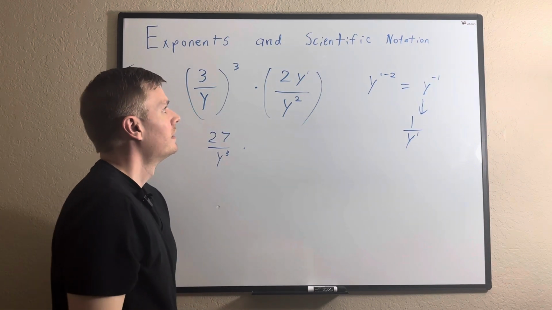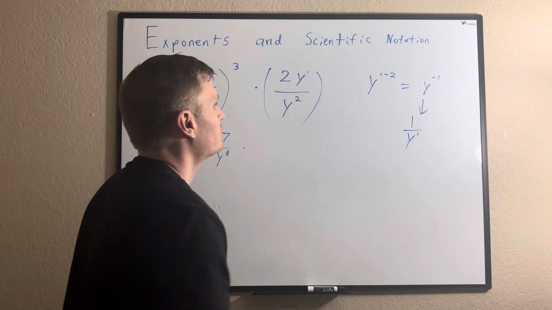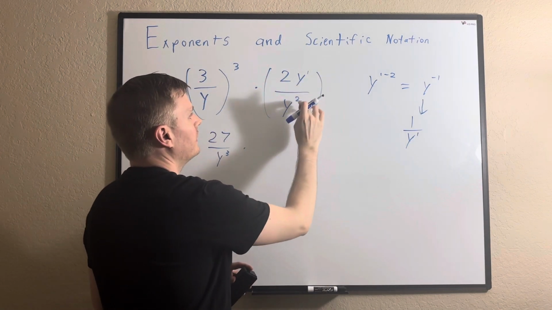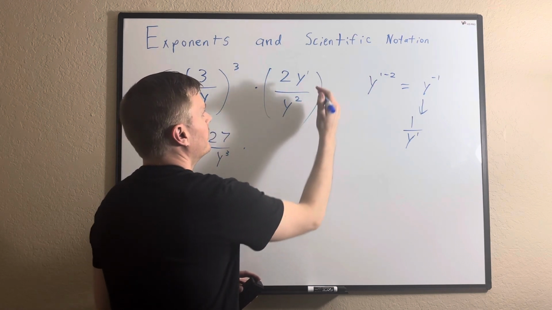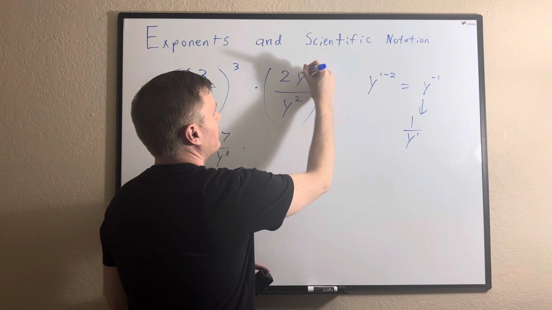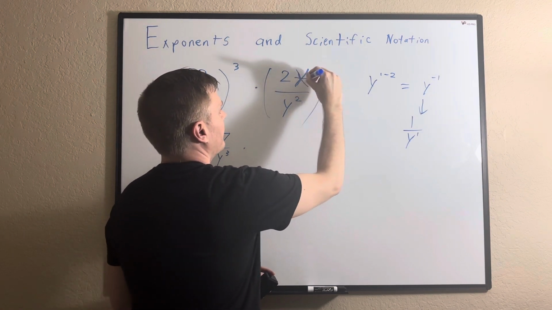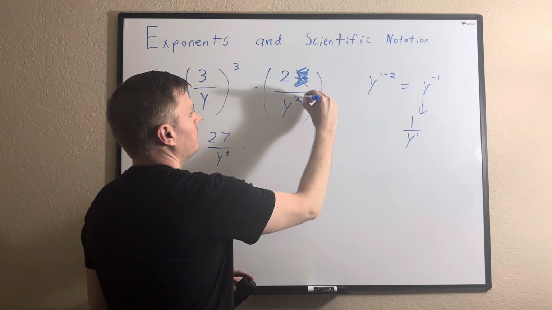Now, as you learn this, you'll start to think of this as just canceling out. See, there's a y up here, and it's getting divided by 2 y's down here, y times y. So we would just kind of cross this out, and that y would be gone. And cross that out, and that would become a 1.